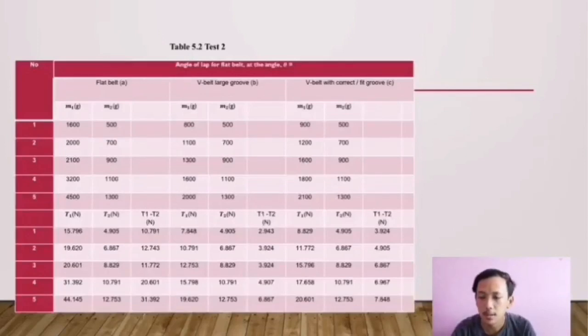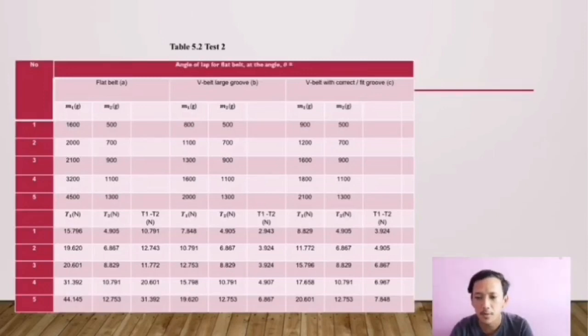Now about test 2 for table 2. There are different types of belt, which are flat belt, V belt with large groove, and V belt with curved or fit groove. They are the same as test 1, with mass 1 and mass 2 in grams, repeated 3 times for each type.